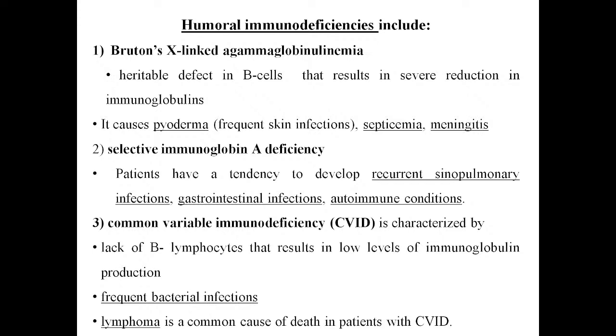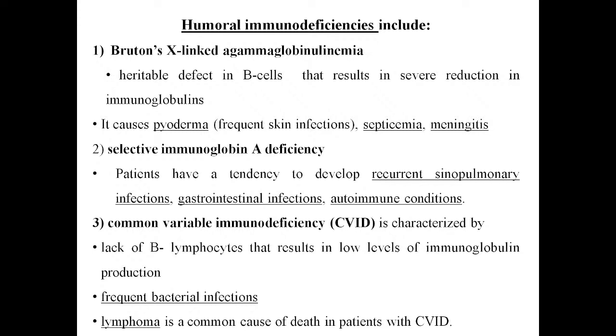And the third disease is common variable immunodeficiency, CVID. Common variable immunodeficiency is characterized by lack of B lymphocytes that results in low levels of immunoglobulin production. Just low level in Ig production. Immunoglobulins are present in plasma, but in very small amount.